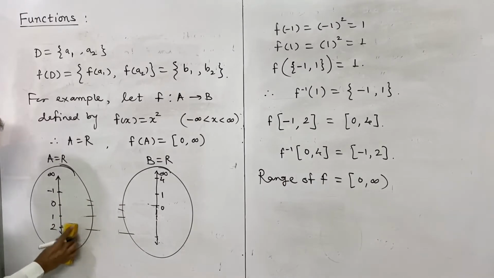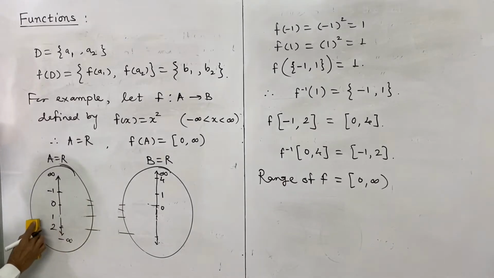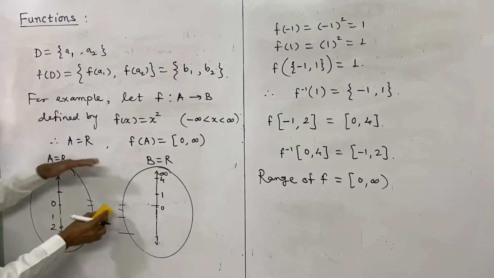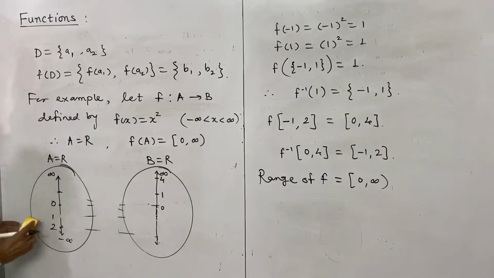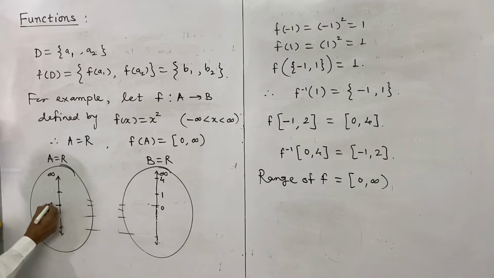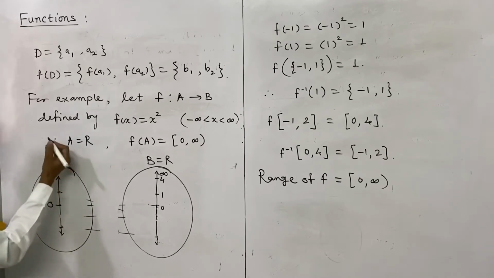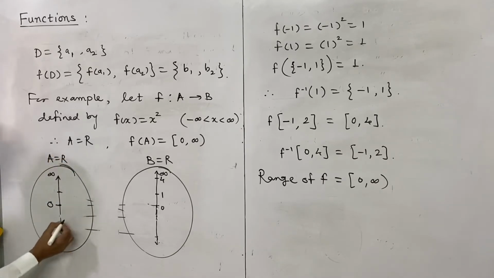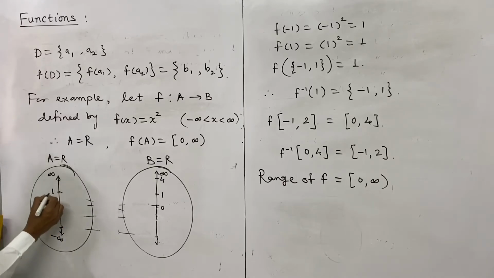Or we can change upward as negative and downward as positive. See, this is 0, it is the positive direction, that means 1 will be here, minus 1 will be here, and 2 will be the element we have considered.